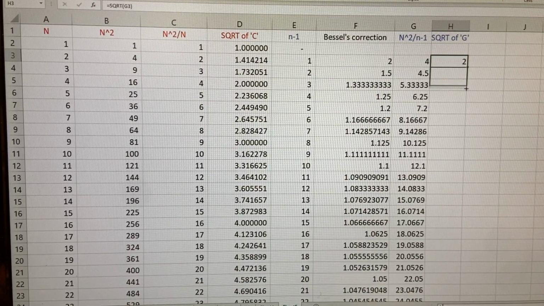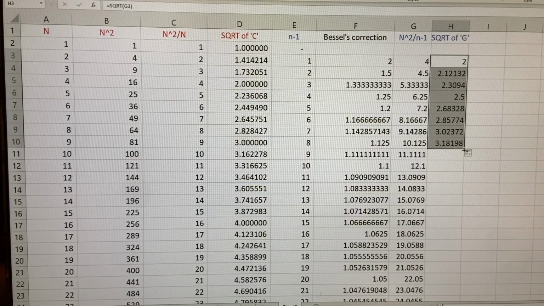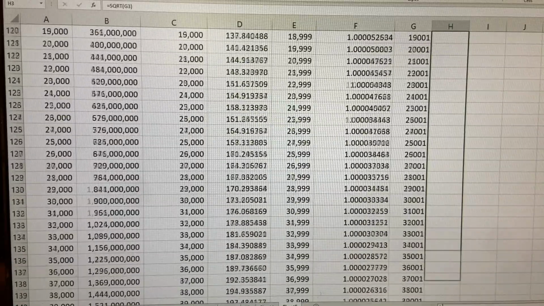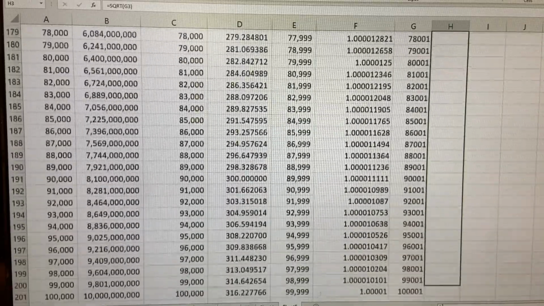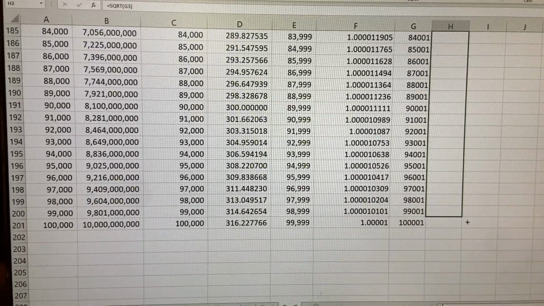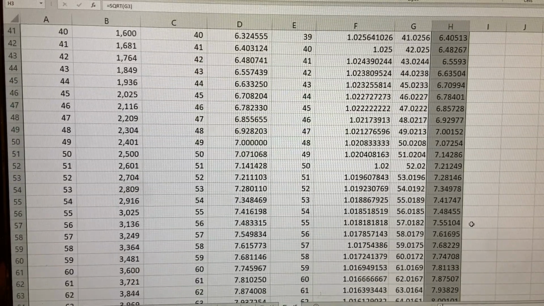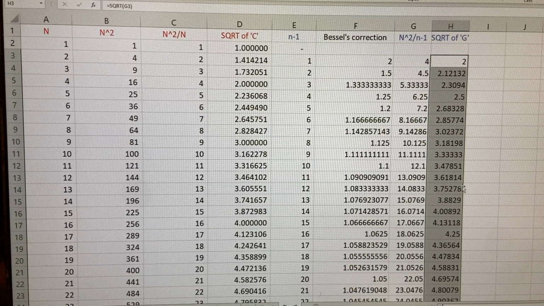Let's check it, make sure it's working fine. Yep, it's working fine. All right, let's finish it all the way down to 100,000. There. And let's go up. So let's see, this is the final standard deviation.